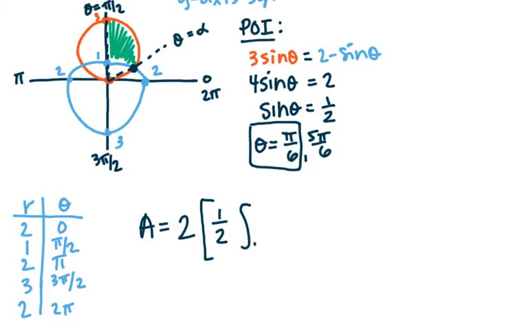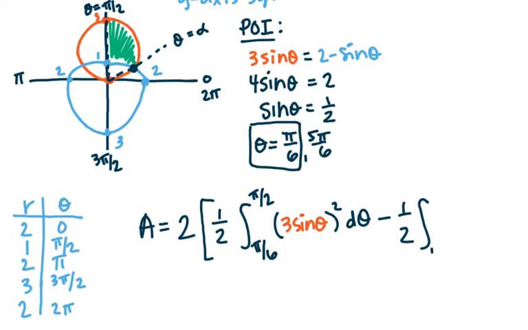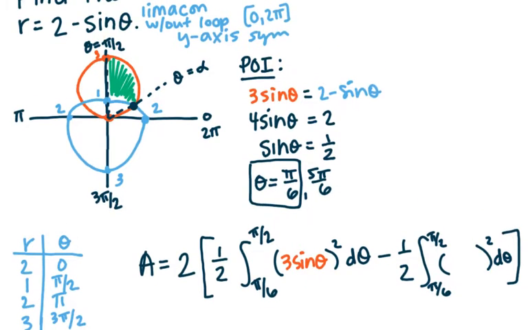I know I'm going from pi over 6 to pi over 2, of the further out graph, which in this case is the 3 sine theta squared d theta, and I'm subtracting from it that smaller area that we don't actually want, which is what's enclosed by the second graph, of, let's make sure I don't run out of space. What is that? 2 minus sine theta.